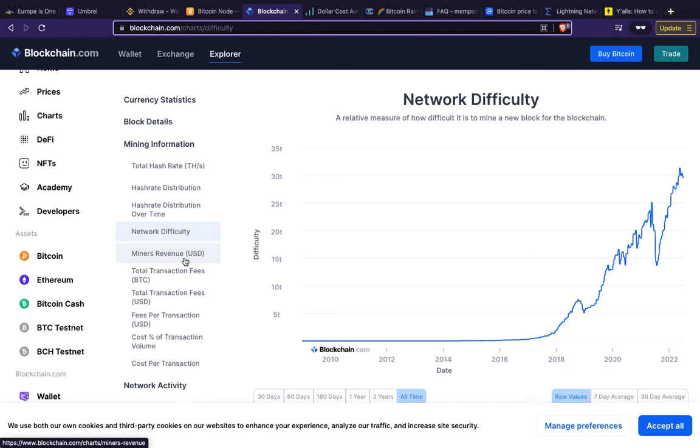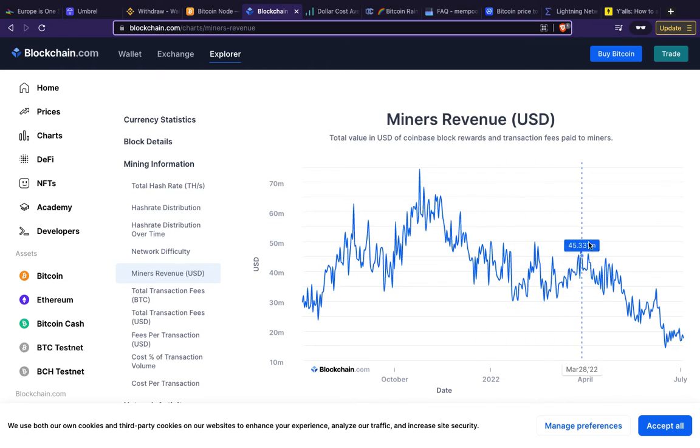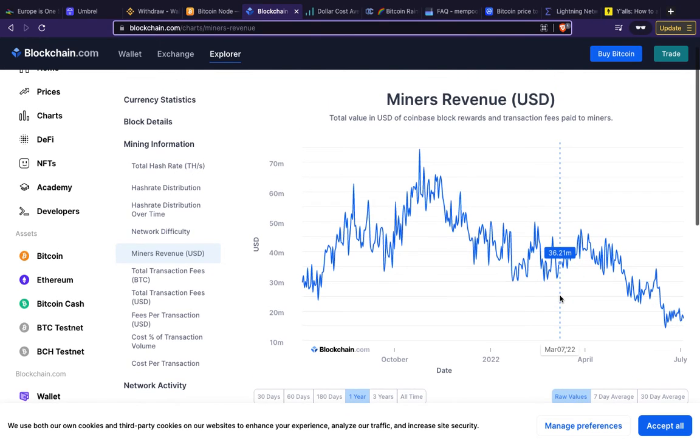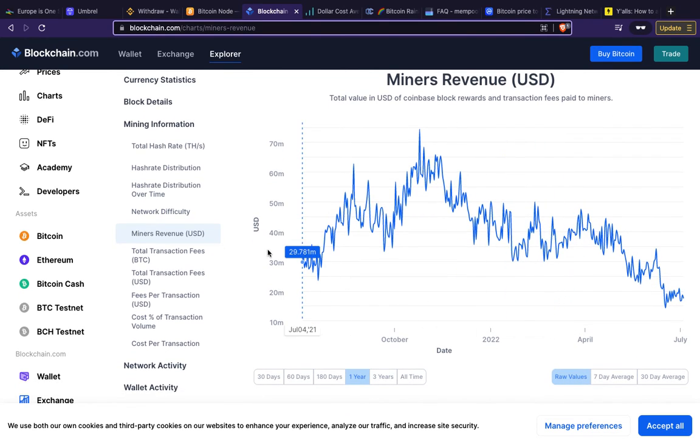And you have miners' revenue. The miners' revenue, of course, is going down because the price is going down, right? The amount of Bitcoin they're generating is around 6 point something. So it's going to go down, of course, but the miners who survive this will be very well positioned for the next bull run.